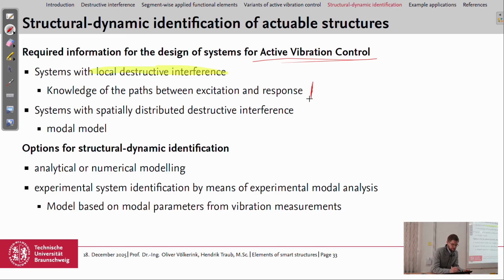And for the distributed or modal destructive interference, we need a modal model of the structure. We need the generalized mass and stiffness. And we can identify it, of course, with modeling approaches, analytical or numerical modeling, or we can do an experimental system identification by means of experimental modal analysis to build a modal model based on the modal parameters.